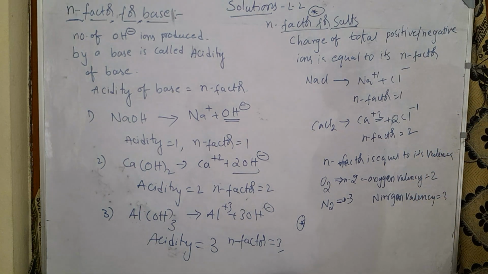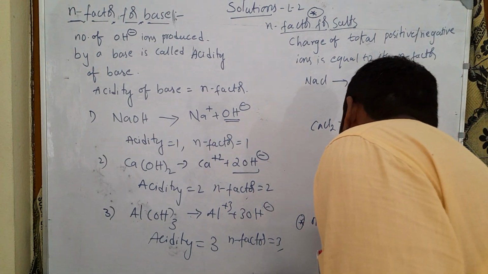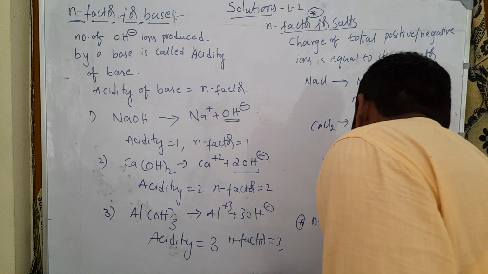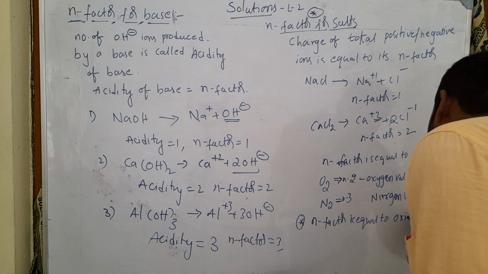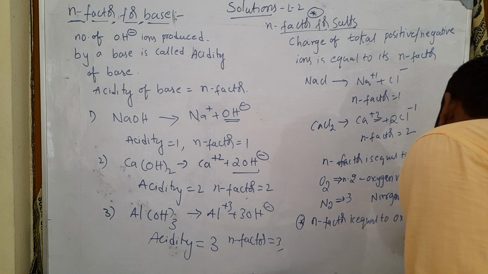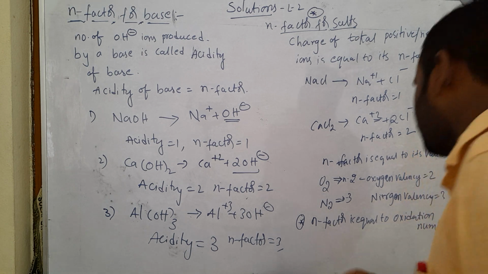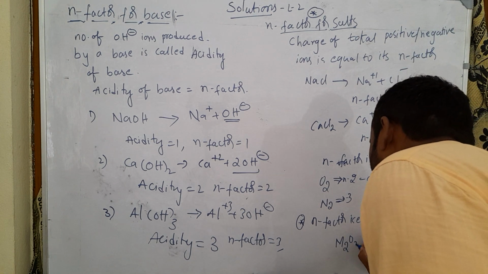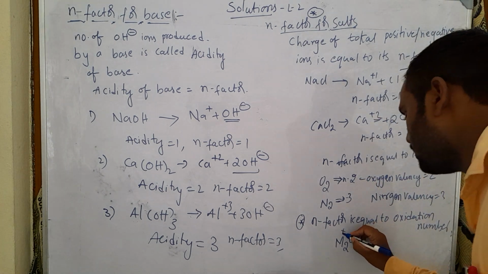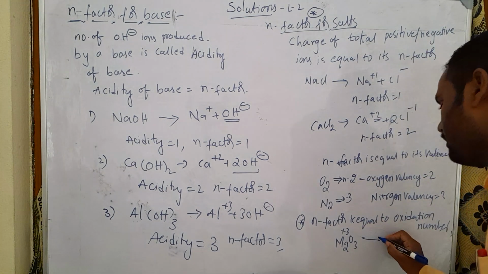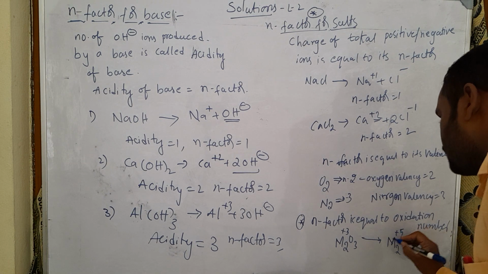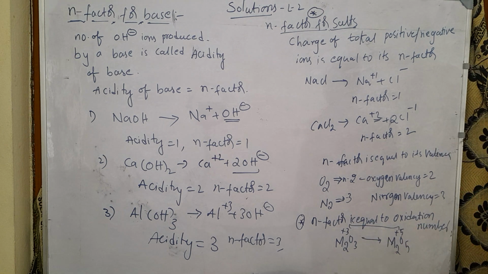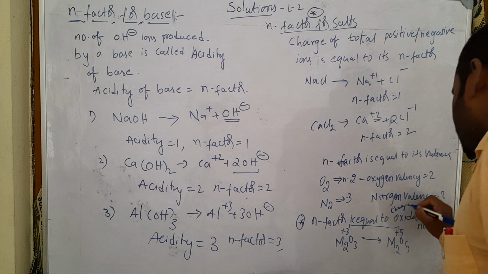And sometimes N factor is equal to the change in oxidation number. For example, M2O3, where M is a metal, has oxidation number plus 3, and M2O5 has oxidation number plus 5. Here the N factor is equal to the change in oxidation number.